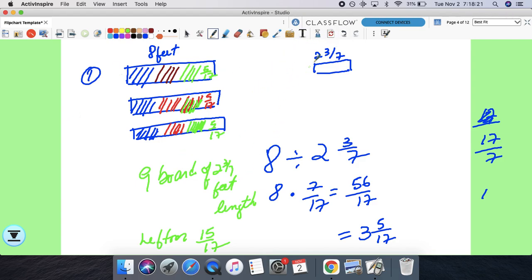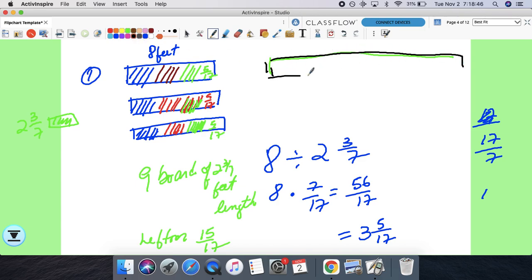Now, if the boards are united, and it's one long board, which I don't think makes sense, the total length would be 24 feet.